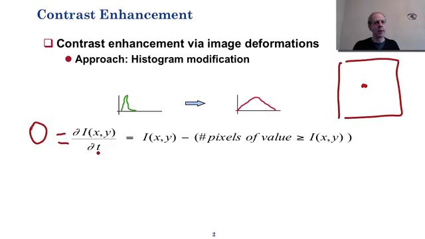Now you may ask yourself, why do I have to implement a partial differential equation that is computationally more expensive than just doing that lookup table? There's a couple of reasons. One, pedagogically, I'm giving you this as an example of a partial differential equation achieving something that we want to achieve, like exactly the condition for histogram equalization.